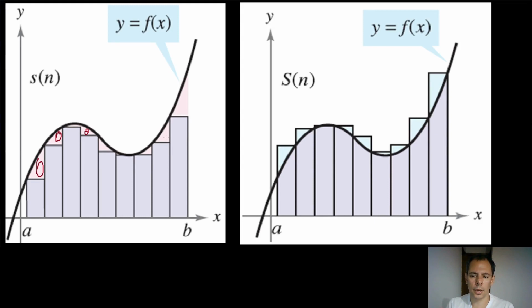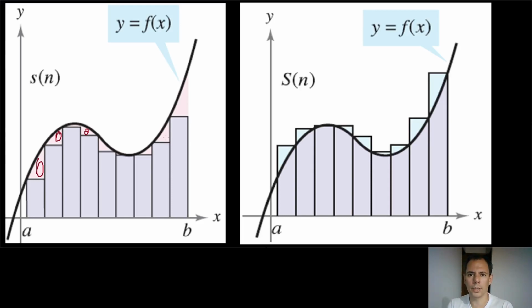Yes, but I already showed you guys that as the width of these rectangles become infinitely small, and as the number of rectangles become infinitely large, you have to get used to this idea of infinite. Everything approaches infinity, either small or approaches zero. The width of the rectangle is going to approach zero, smaller and smaller.